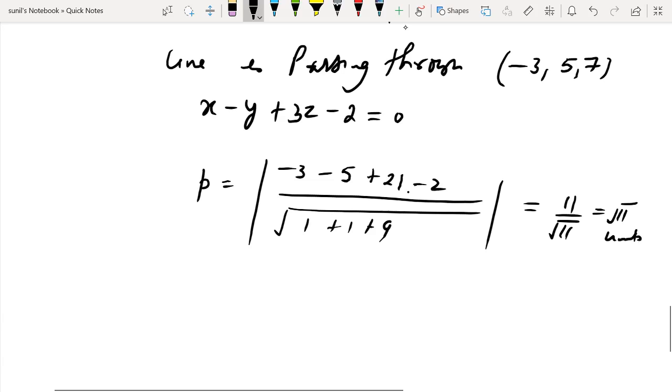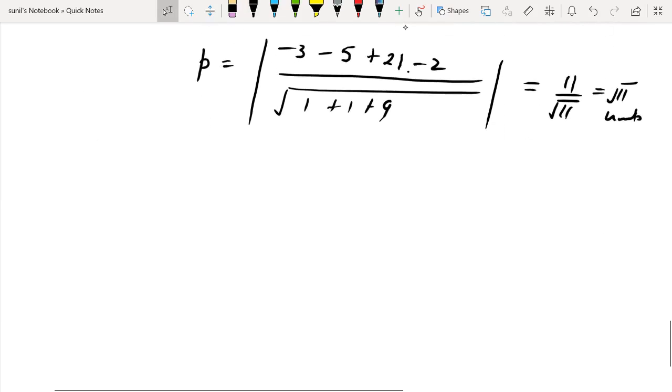Now we have another question, and this question is also asked in the CBSE board.